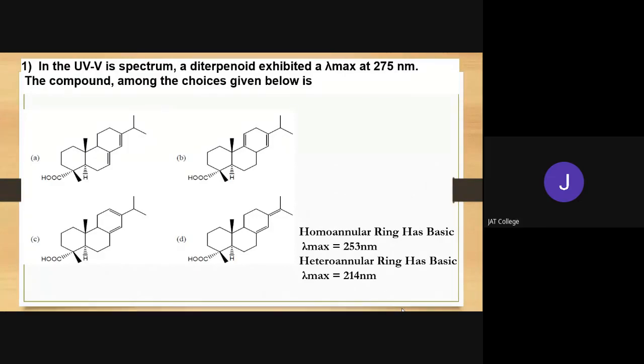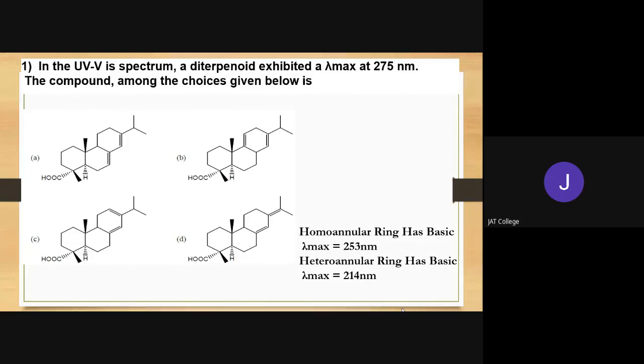When two double bonds are present in different rings and they are conjugated, it is called a heteroannular ring. For a heteroannular ring, the basic lambda max is 214.